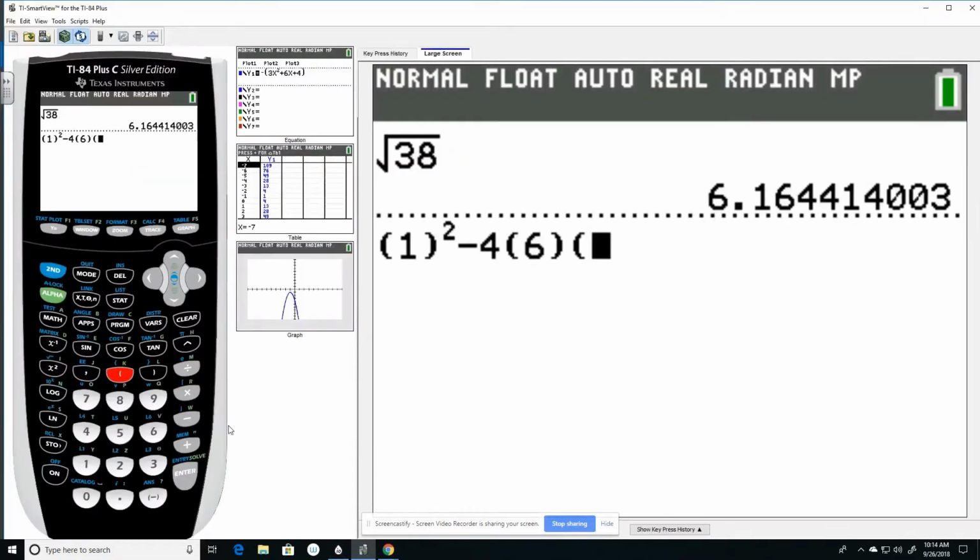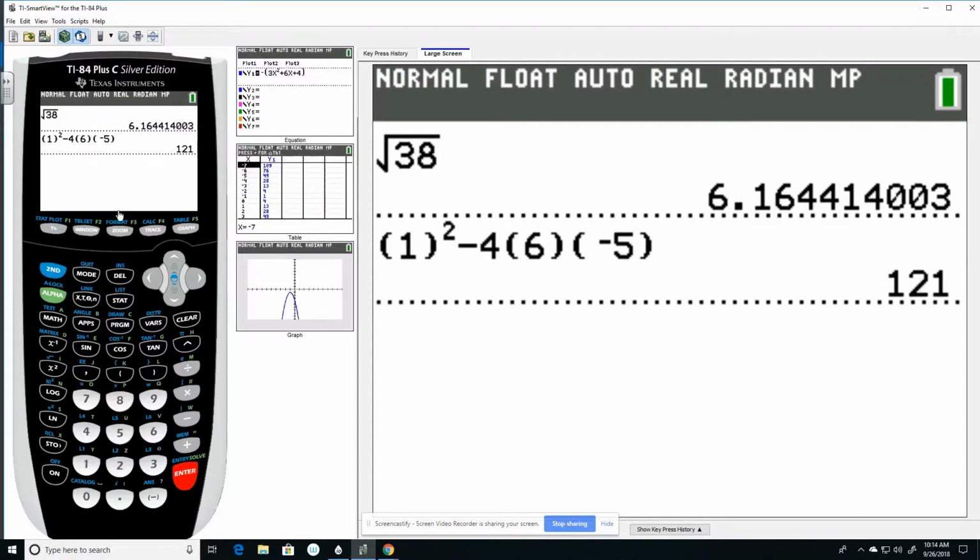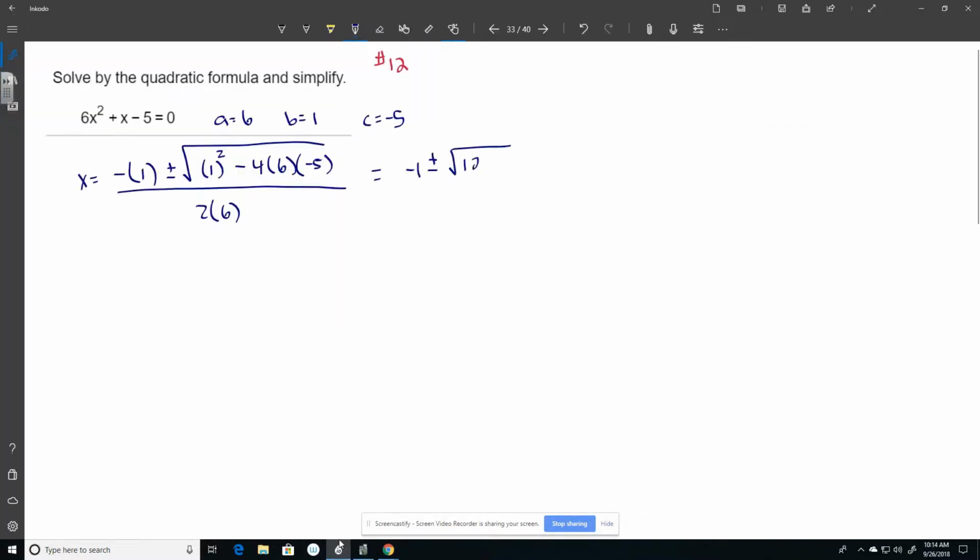I forgot. Negative 5, in parentheses. And as long as I put the parentheses and hit enter, it's going to solve it for me. The part underneath the square root is 121. So this part is 121, the mess. And then 2 times 6 on the bottom is 12.